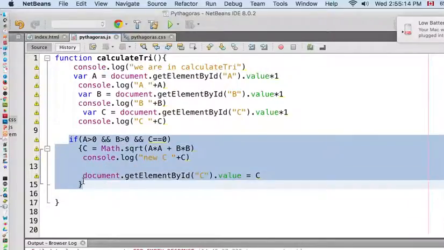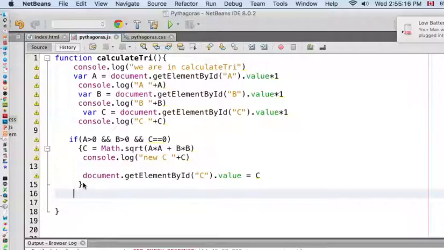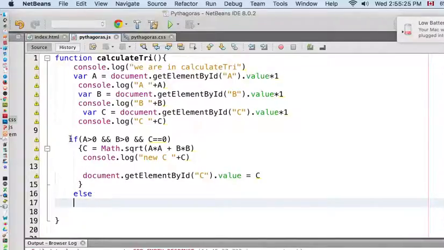However, what if you had, so I'm going to use an else. So if this is true, do this, or else, do something else, right? So I'm just going to copy this whole if thing and just change it.